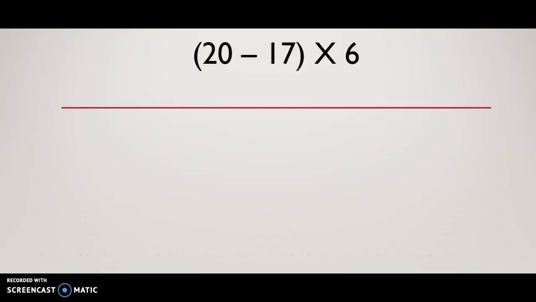So let's try it. First problem: open parentheses, 20 minus 17, close parentheses, times 6. Please excuse my dear Aunt Sally. I'm looking for parentheses, brackets, or braces. I have parentheses here, so I need to do what's inside first. So 20 minus 17, I come to the side, set it up if you need to.